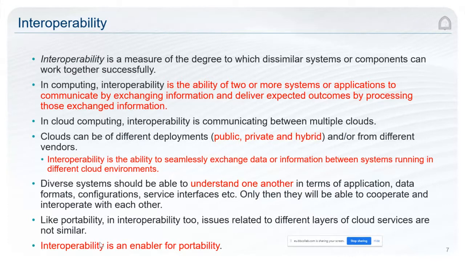It's like, for portability, the entity is moving inside the system freely, but interoperability means it is jumping from one place to another. So if it can jump from one place to another, it will be able to be portable. So it's like ignition: interoperability is the ignition of portability.